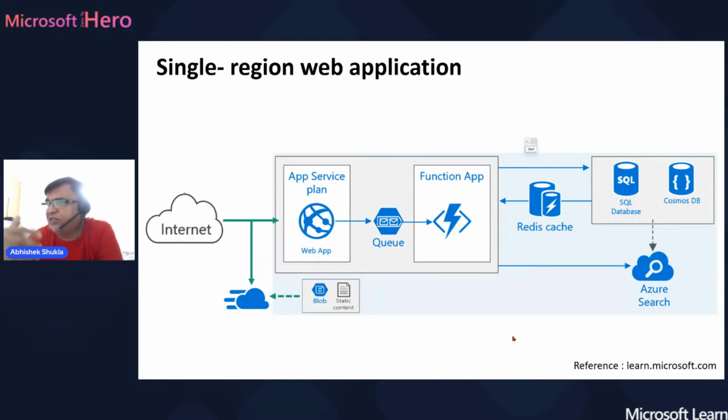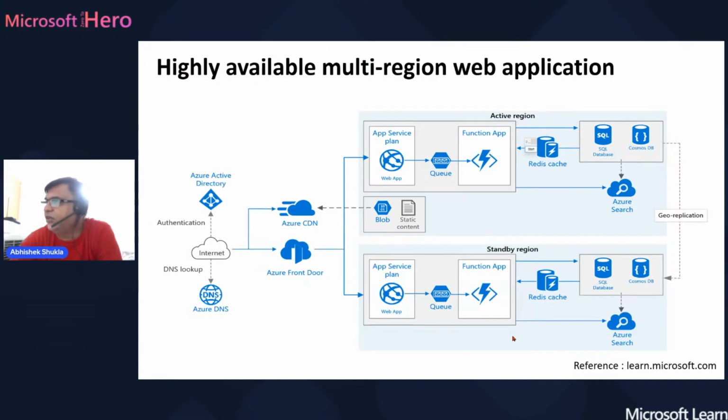This we have already seen, and we have identified that there can be so many single points of failure. And while we are saying that the entire geo can fail, then you can develop like this. You can see that a similar set of instances is available in a different region, and the data stores are getting replicated.